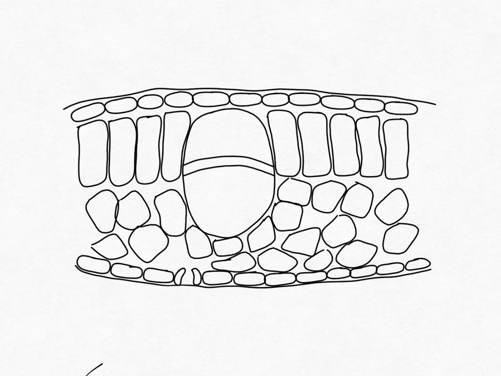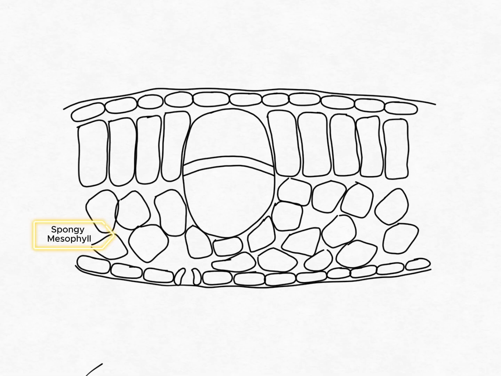That means it allows oxygen and carbon dioxide to either enter or exit the leaf. Next, we have the mesophyll cells, and these include the spongy mesophyll as well as the palisade mesophyll. Now, palisade mesophyll is always found at the top part of the leaf, and that's because they're responsible for photosynthesis. They contain a lot of chloroplasts and lay just beneath the see-through epidermal layer.